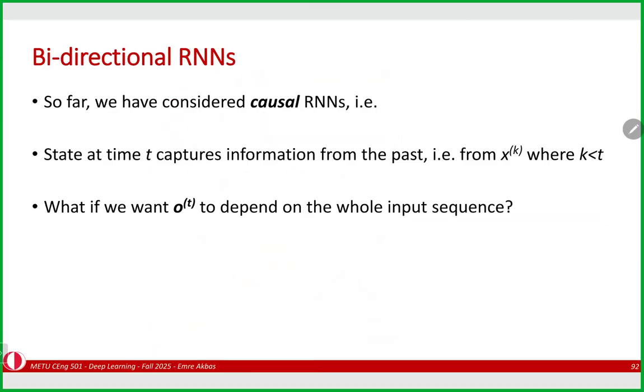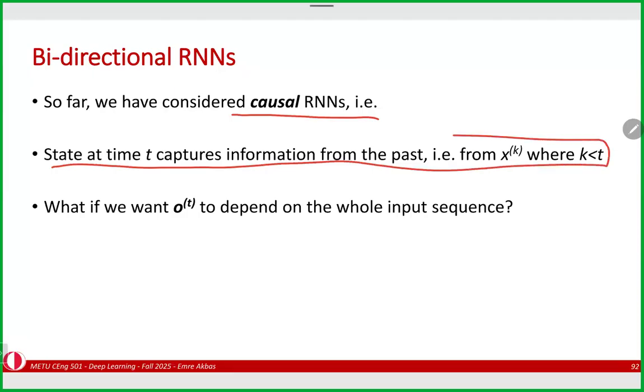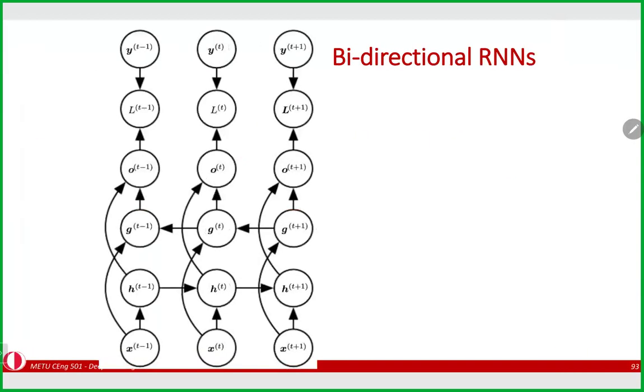We have considered causal RNNs, which means output at time t depends on the past input, but you can have bidirectional RNNs. State at time t captures information from the past. This is causal. What if you want the output to depend on the whole input sequence? You can achieve this by using bidirectional RNNs, which is shown here.